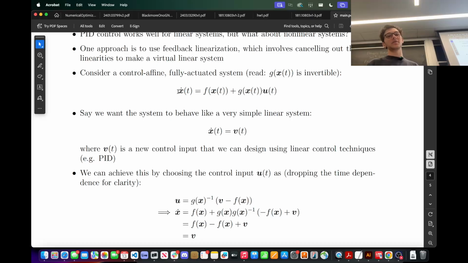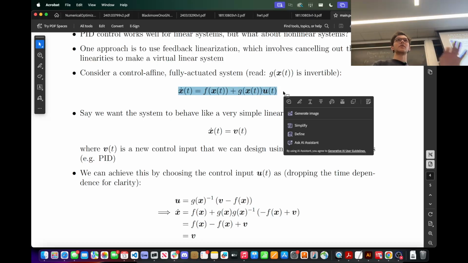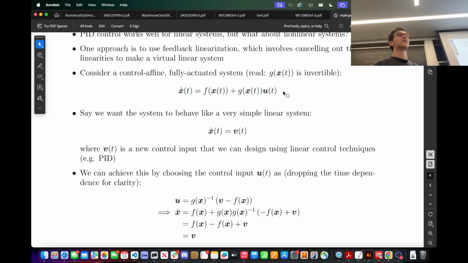Also, I want to note real quick that this is a restricted form of the dynamics that we saw. The fully nonlinear form, f of x u, is the most general. But if you have a system that looks like this in the control affine form, control affine because it's an affine function of u, right? If x is fixed, then this is linear. This is applicable to many, many systems.